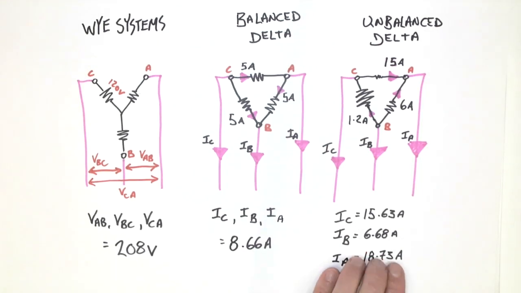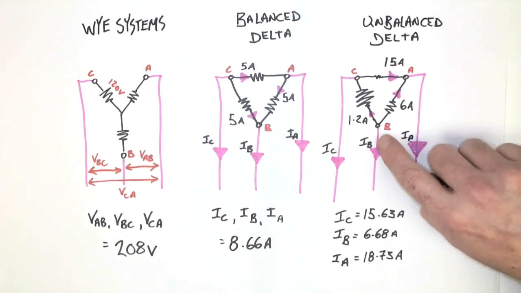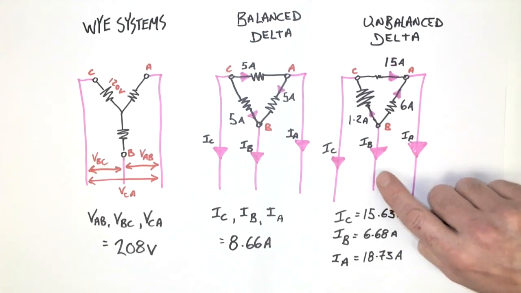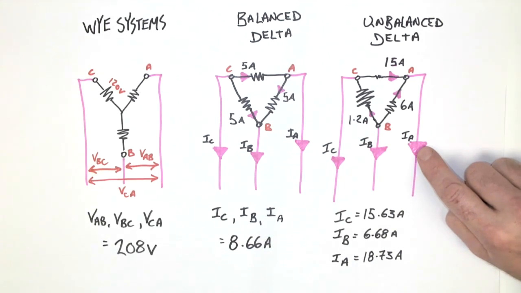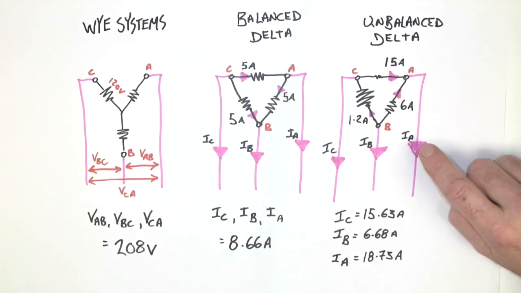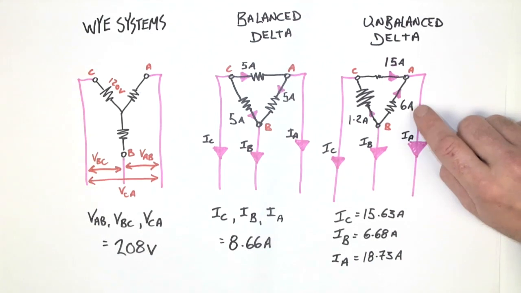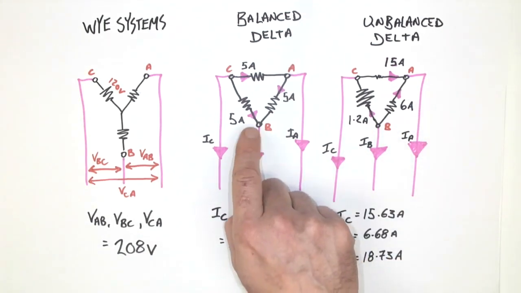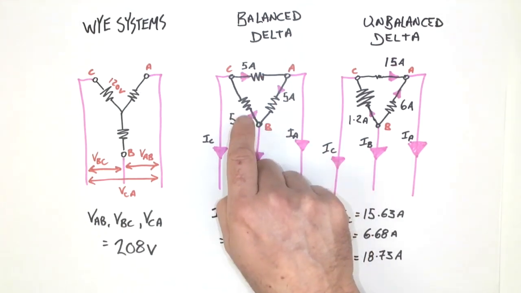In a delta unbalanced system, the only way that we can determine what value these individual line currents are going to be is not through a correlation of simply root 3, because remember, root 3 is only relevant when the items are all balanced.